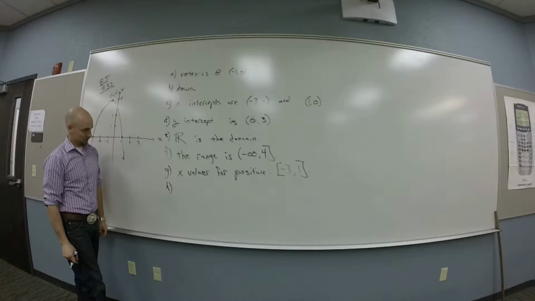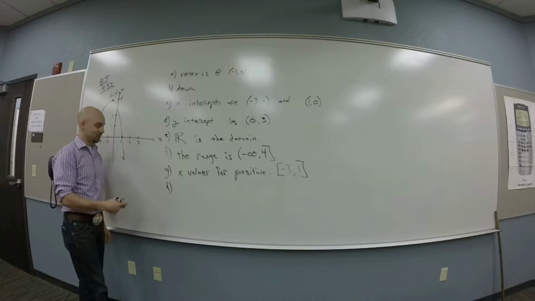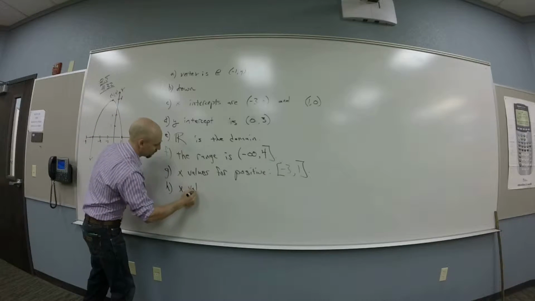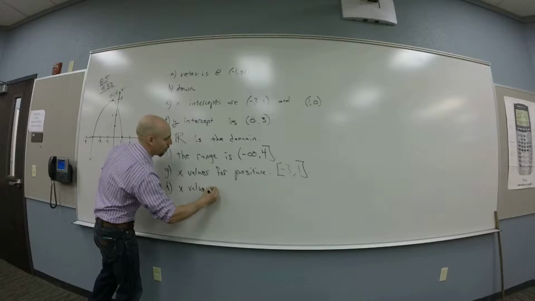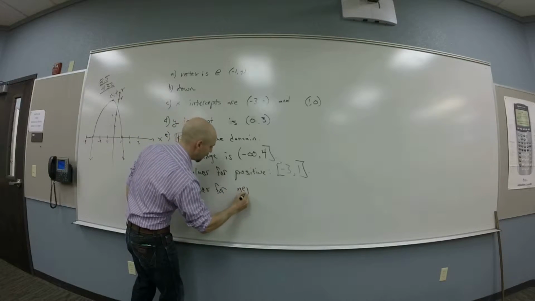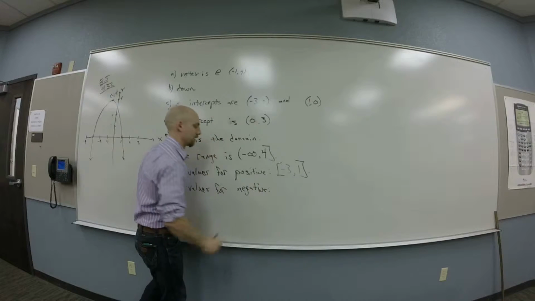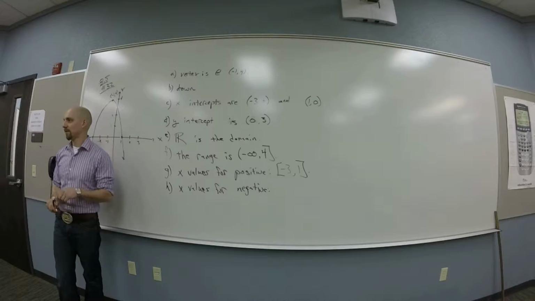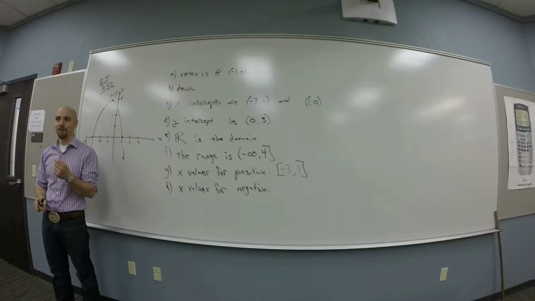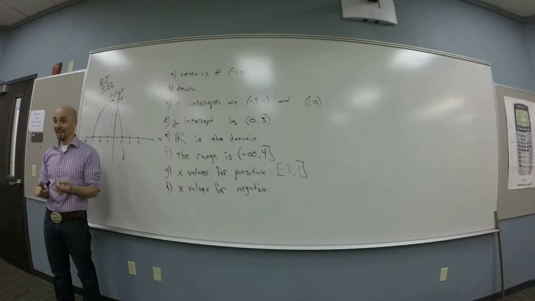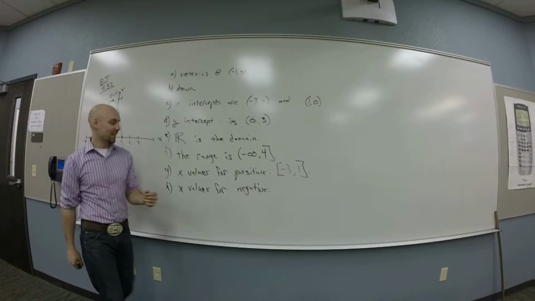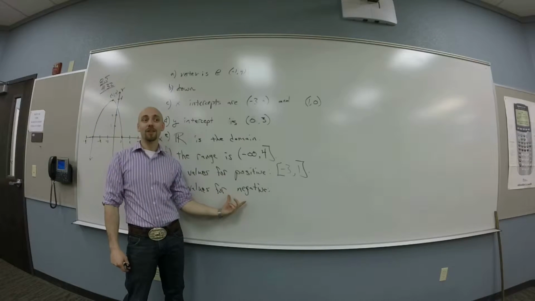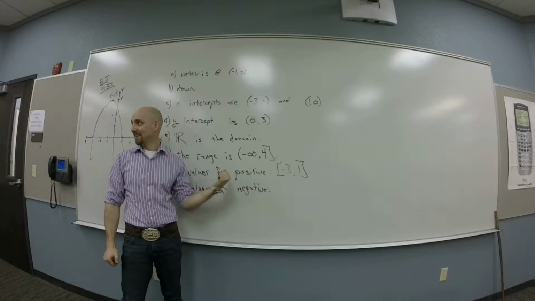H comes after G, right? So H is probably x values for negative. Okay, so when is it negative? How about an easier way to say that? When is it negative? When it's not positive, right? So this one should basically read the other stuff than was in G, right?